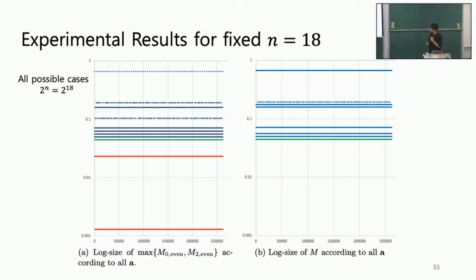We run the experiment and then we draw a graph. It looks like a line, but it is actually a set of points. Since we have a lot of points, they look like a line.